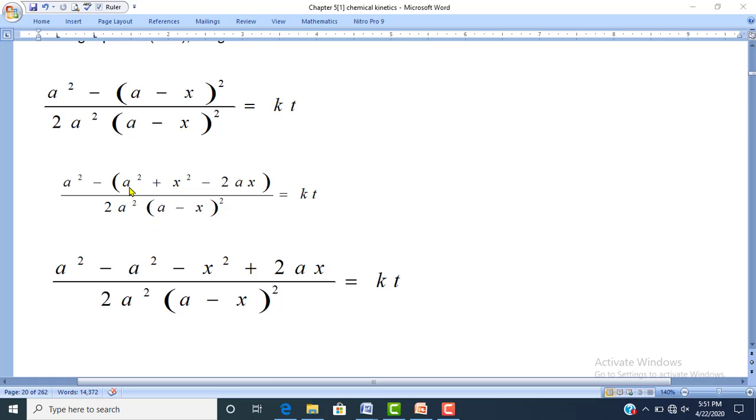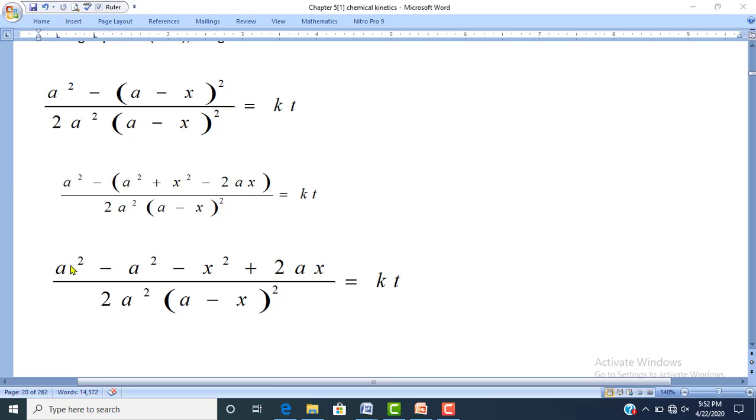Here a square is positive, here a square is negative. In this equation x square is positive, while here x square is negative. Here 2ax is negative, and here 2ax is positive. So the equation we got is a square minus x square plus 2ax divided by 2a square into (a minus x) square is equal to rate constant k into t.